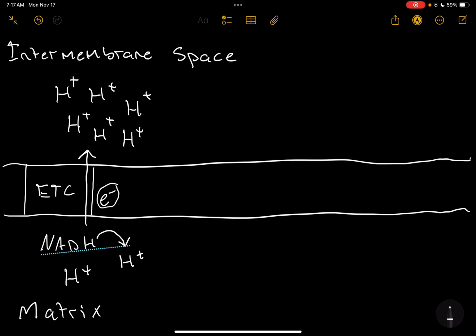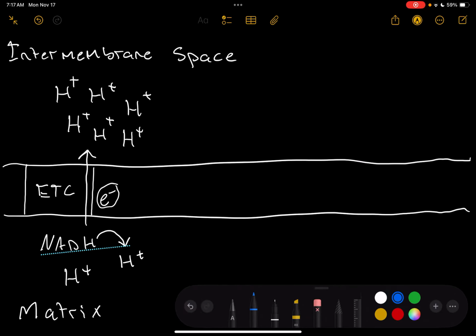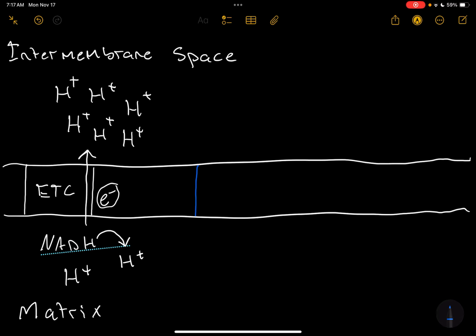space. And usually the next thing that happens is that there is an enzyme here that we call ATP synthase.